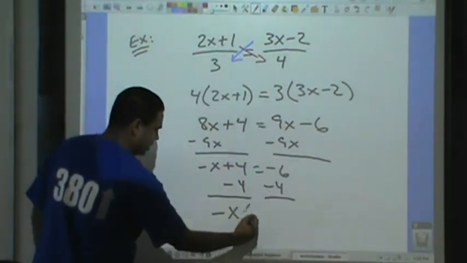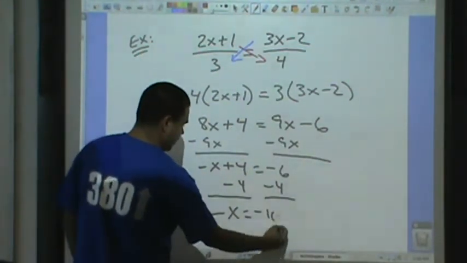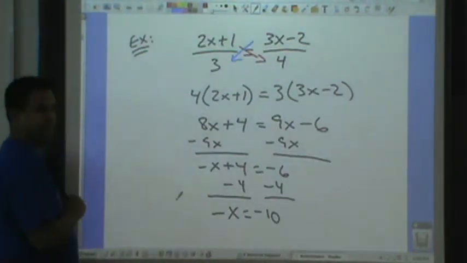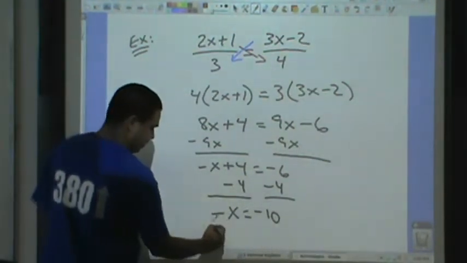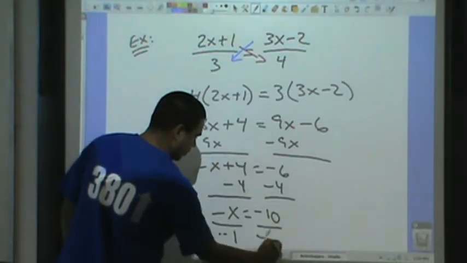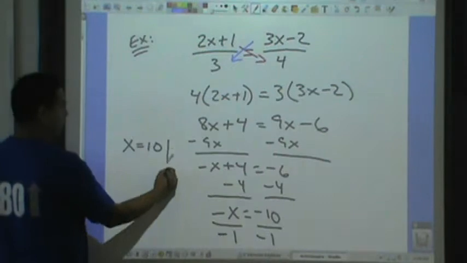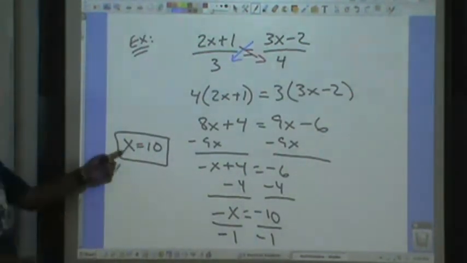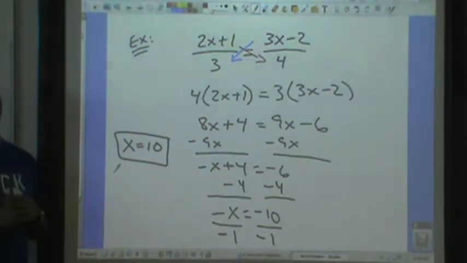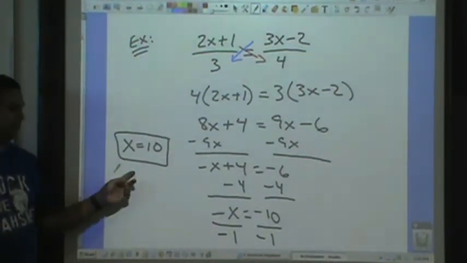So negative x equals negative 10, and the last step, divide by that negative. Positive 10. So x equals 10. And that's it. Any questions? All right, very good. And that's what you're going to be doing in your homework.